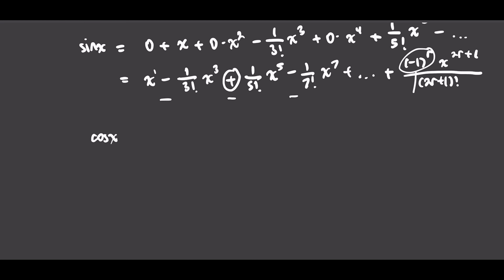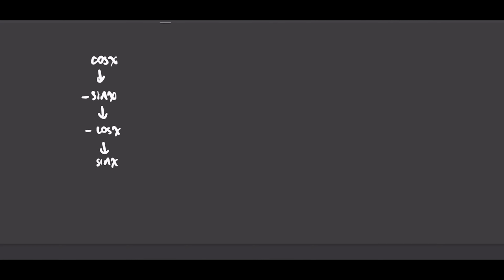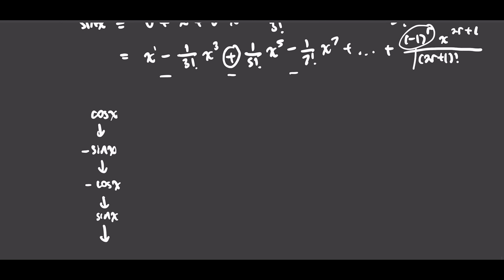For cosine x, it's similar to sine x. We differentiate cosine x, we get minus sine x. Then we differentiate this again, we get minus cosine x, and sine x, and cosine x. So this is f(x), this is f prime x, second derivative of x, third derivative of x, and fourth derivative of x.